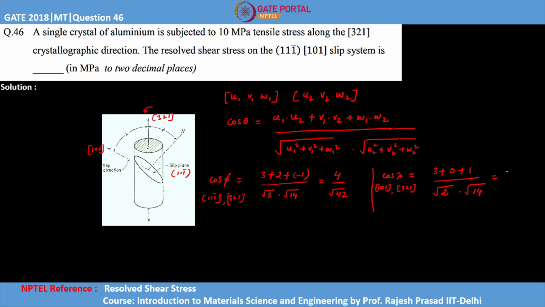So it is 4 upon root 28. So we got the values of cos phi and cos lambda.